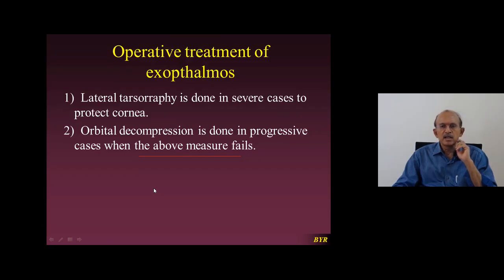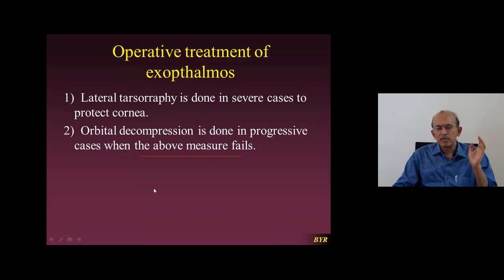So we have seen that myxomatous tissue will deposit in the retroorbital area, causing a lot of congestion to the veins and causing forward pushing of the eyeball. That may cause exposure keratitis, corneal ulceration, destruction of the eyeball.